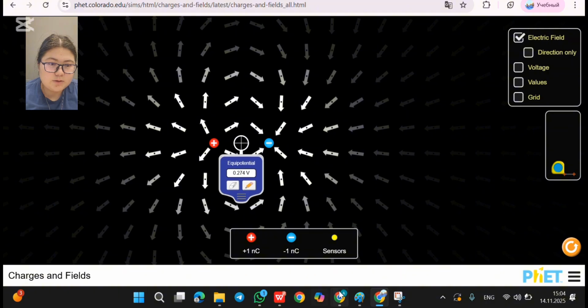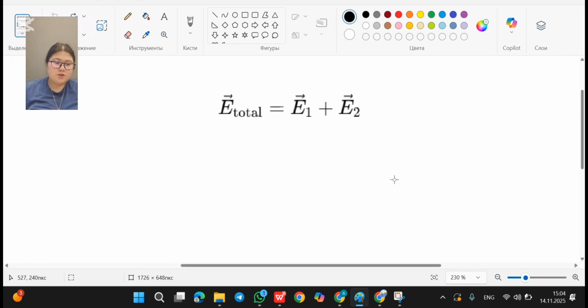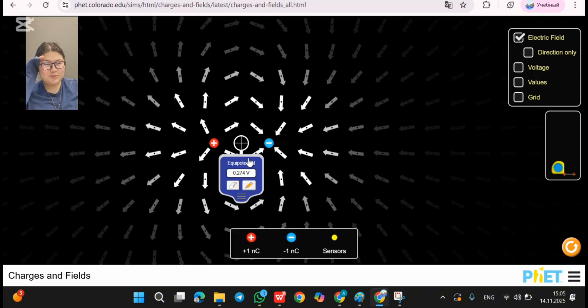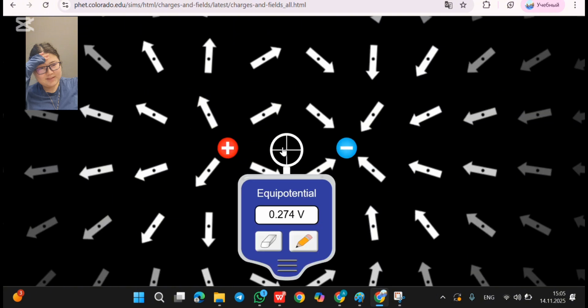We can see that using the superposition principle, which the formula is right here, E total is equal to electric field 1 plus electric field 2. If we measure in the middle, it's gonna be 0.